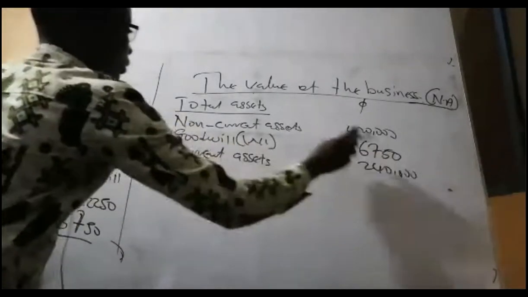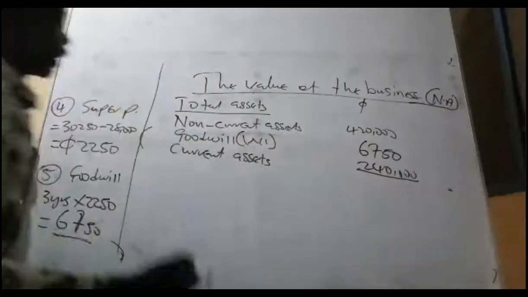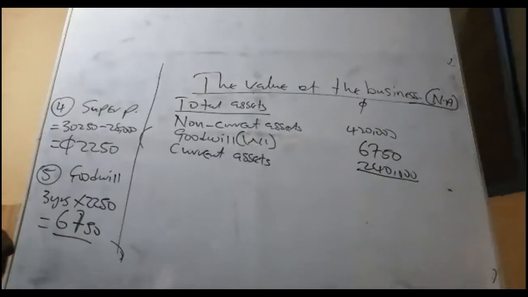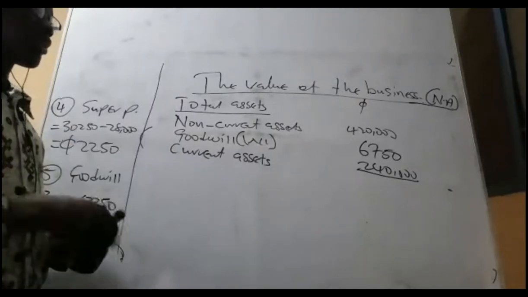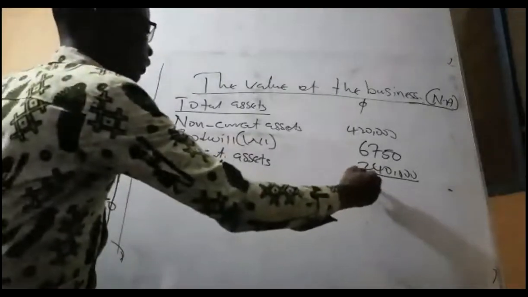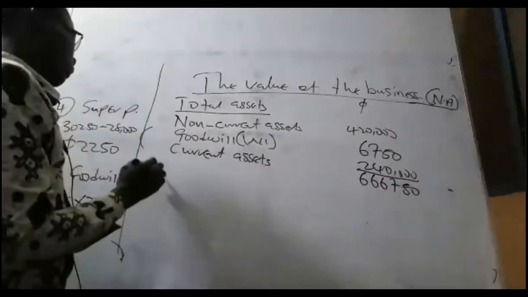I'll sum them up to get the total assets. So 420 plus 240 will give us 660,000 plus 6,750, so total will be 666,750.